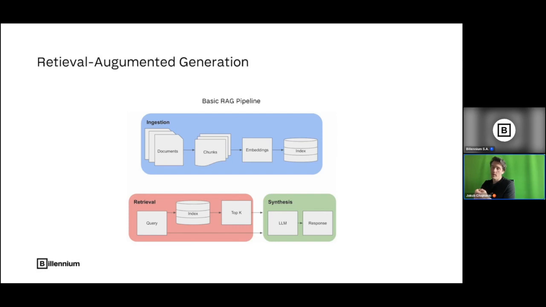So for instance, my query would be, what are the most common policies in my company? And our system would be given chunks of documents for our policies, and it would make a response summarizing those top K documents given the user query.